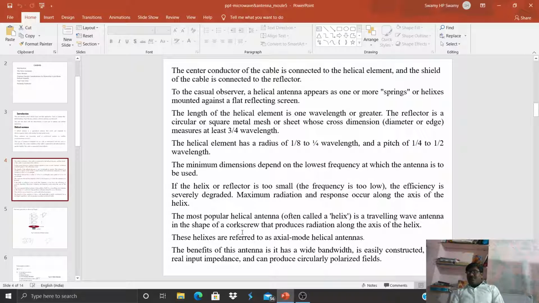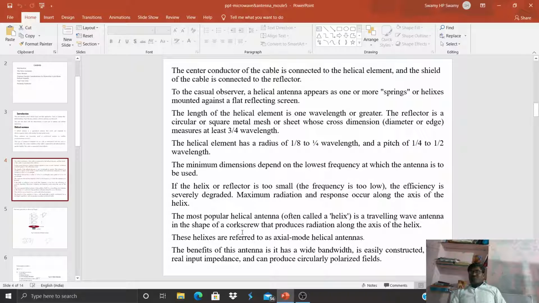The helical element has a radius of 1/8 to 1/4 wavelength. The wire of a helical antenna has a radius of 1/8 to 1/4 wavelength and a pitch of 1/4 to 1/2 wavelength.